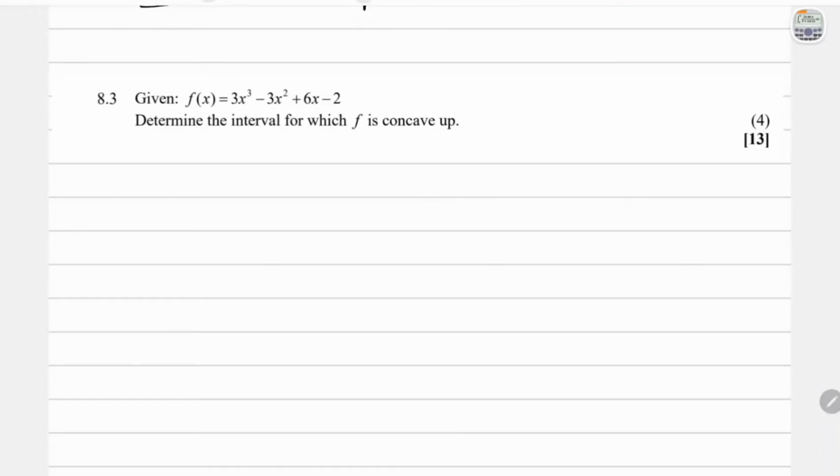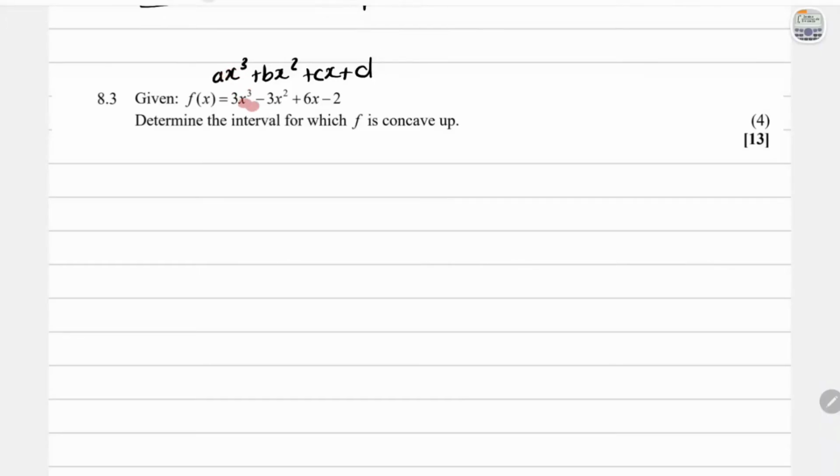Okay. So with concavity, what we can actually first of all think about is the way this function looks. So it is a cubic function, first of all. And do you notice that the value of a, because you know that the cubic function is ax cubed plus bx squared plus cx and then plus d, which is your y-intercept.